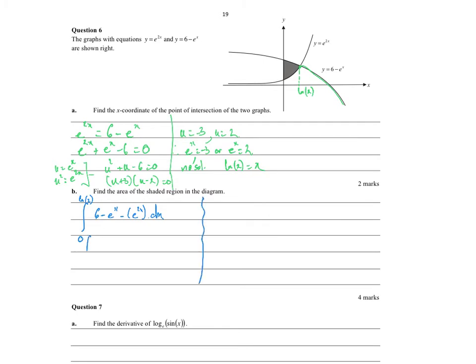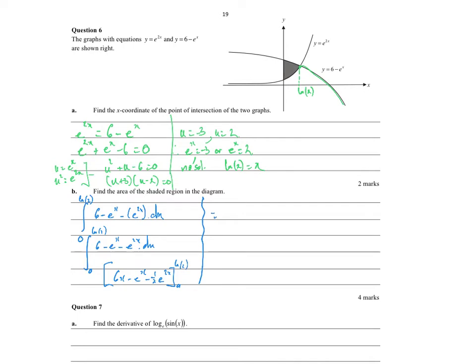Yeah, so just that integral, 6 minus e to the x minus e to the 2x dx, and you integrate: 6x minus e to the x, 1 on k, between natural log of 2 and 0.